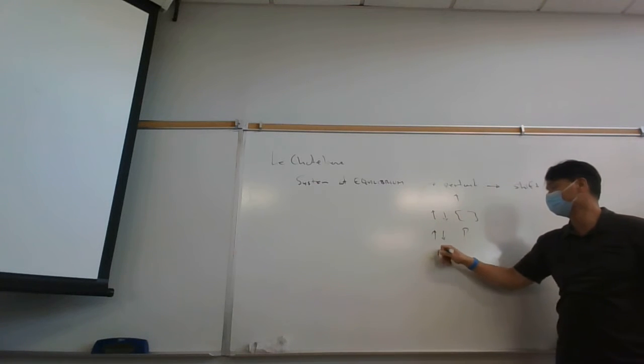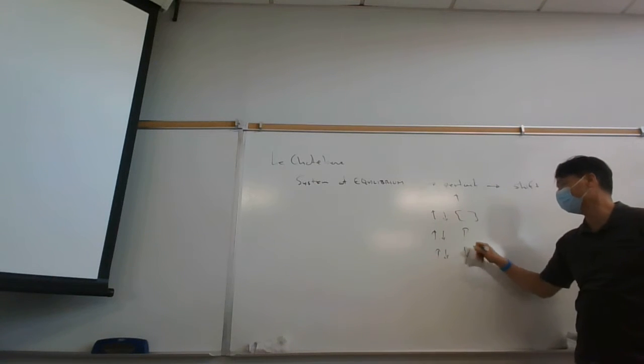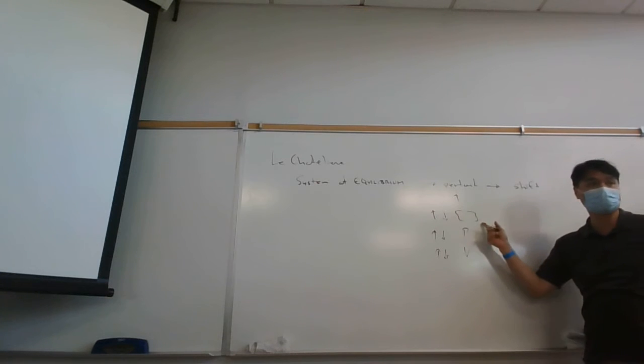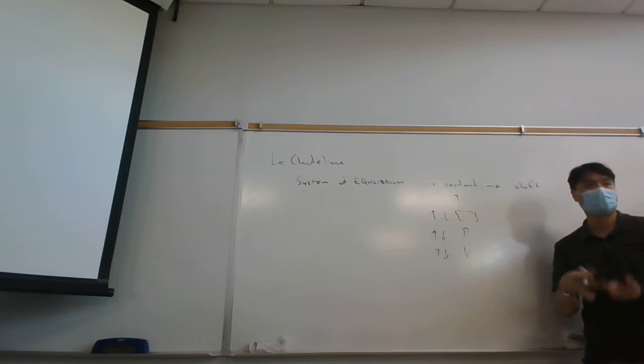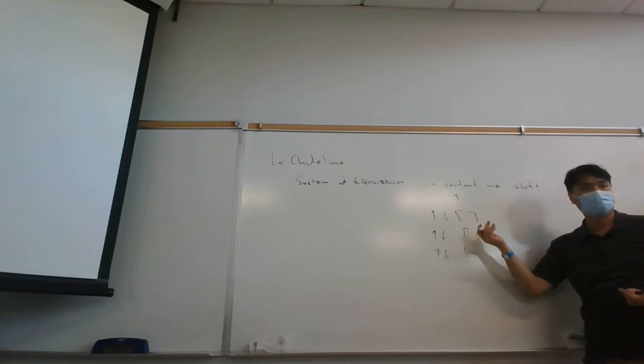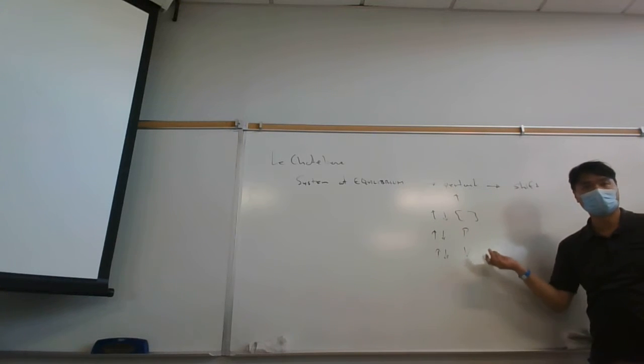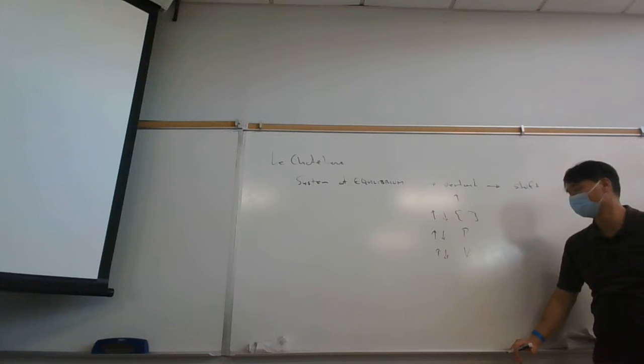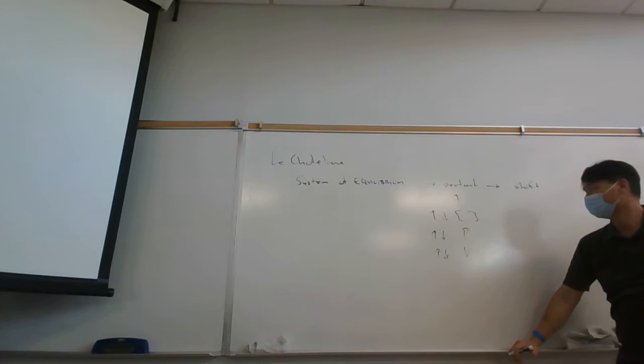We can increase or decrease the volume. Now, volume will have an impact on pressure and concentration. The smaller the volume, the higher the pressure, the higher the concentration. The bigger the volume, the lower the pressure, the lower the concentration. So volume can do that. These will perturb.